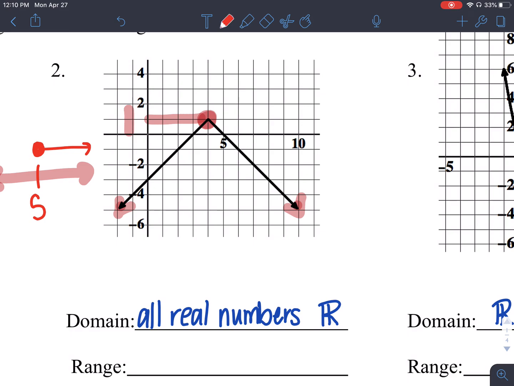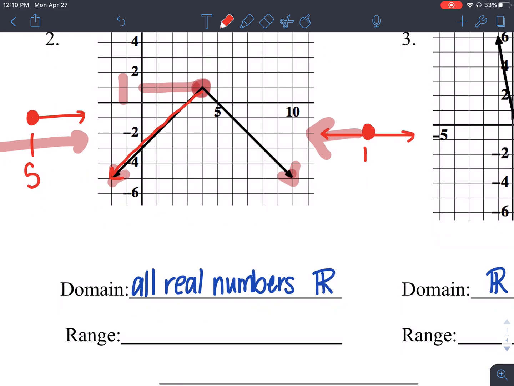The biggest thing that I see students doing is that they actually look at the x value instead. So make sure you're always looking at the y value for ranges. That's a closed circle because I don't see open. And if I look at all the other y values, like here's -1, -2, -3, those are all smaller than 1. So my range there is going to be y is less than or equal to 1.